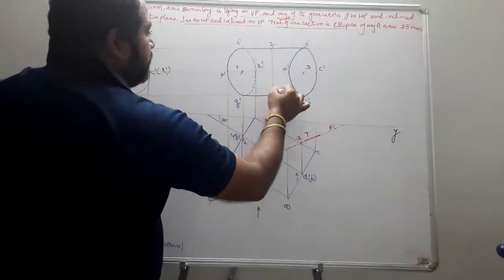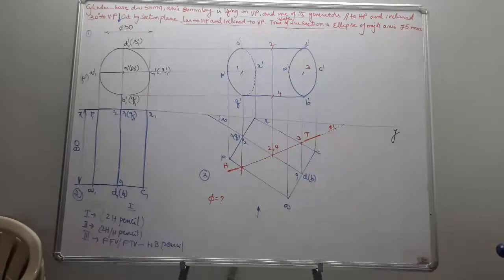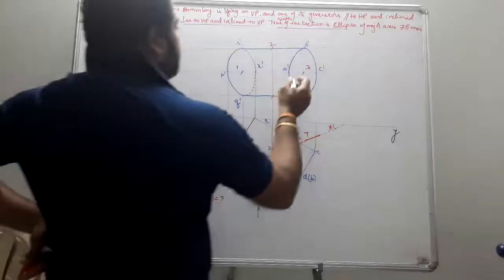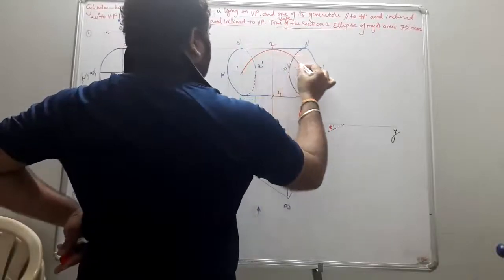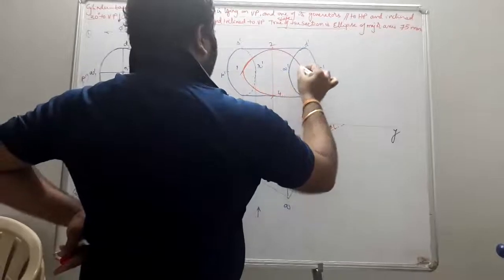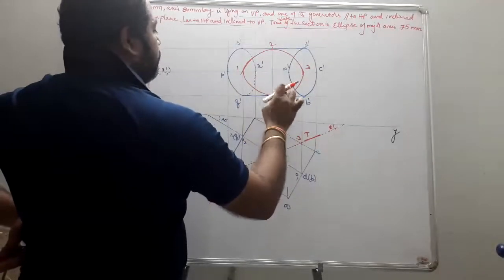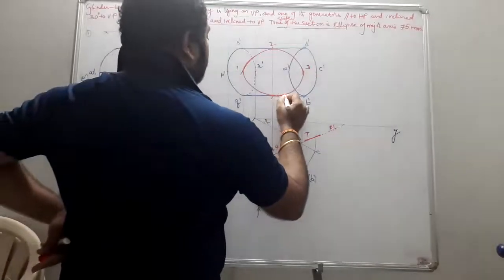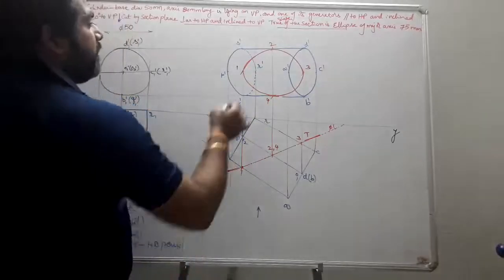So this becomes your 4. Okay. Now join all the points in sequence. So you will obtain an ellipse.